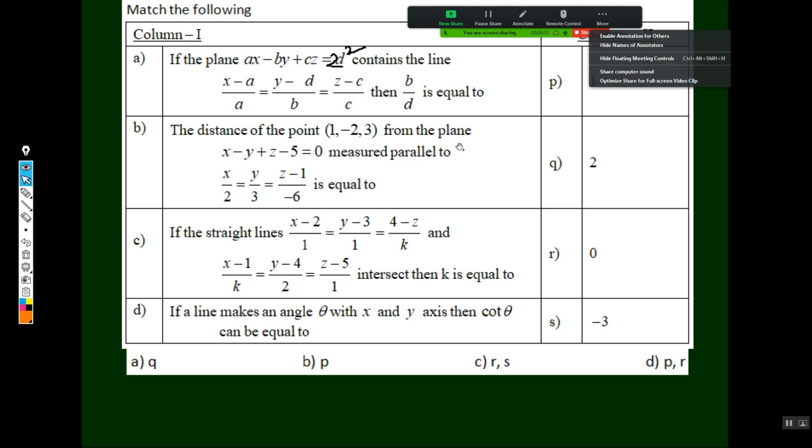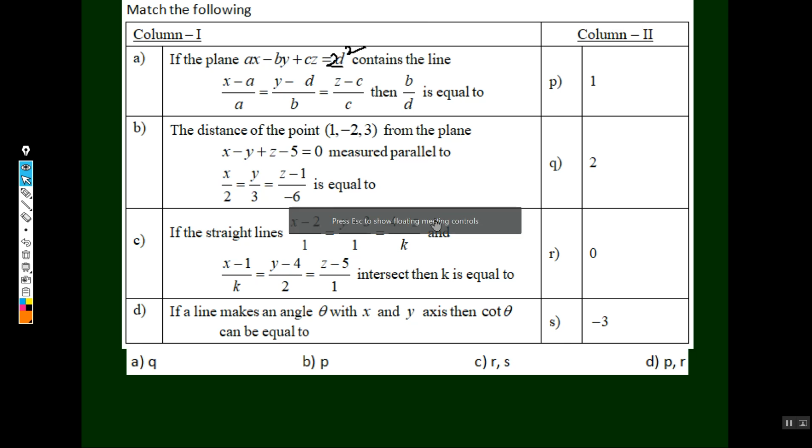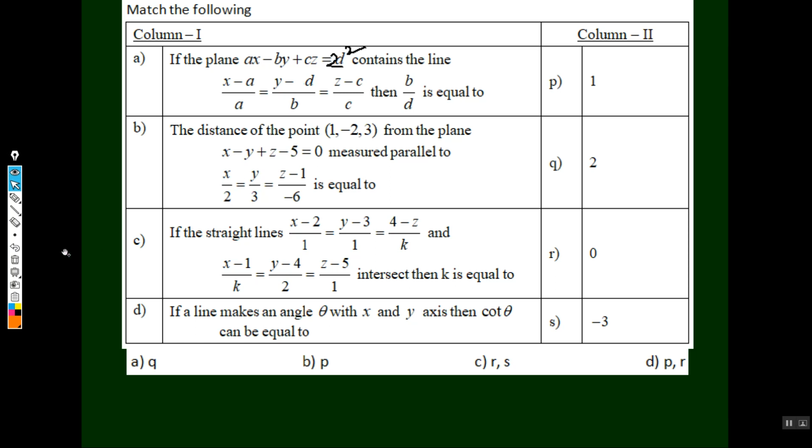Please respond. Sir, it is visible. Someone who is using mobiles, I think, whether this font size is visible to you, or otherwise I'll have to increase the size. If you say comfortable, then I'll proceed.